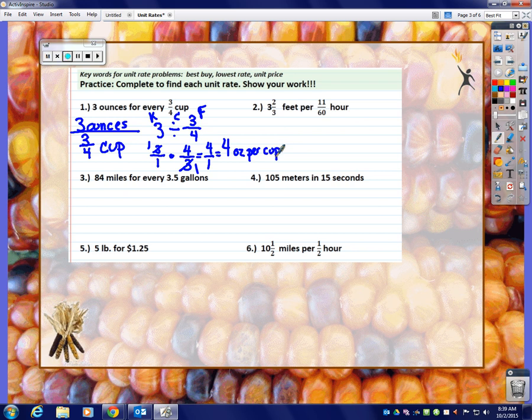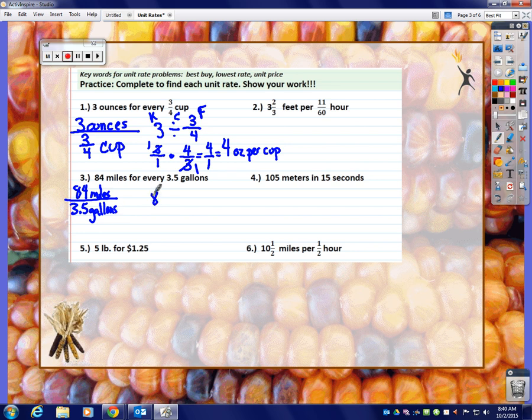Okay, let's look at number 3. So number 3, you were going to do 84 miles per 3.5 gallons. But we want a unit rate, so we want the denominator to be 1. You can either do equivalent fractions and divide both the numerator and the denominator by 3.5, or you can top in, bottom out.